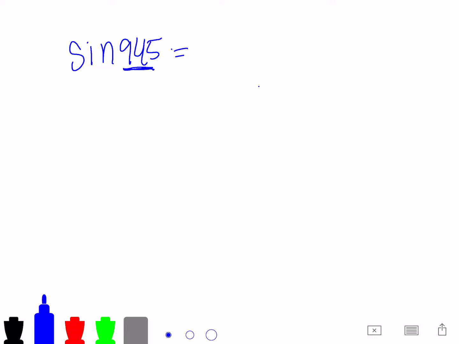If we take 945 and subtract 360, that gives us the sine of 585. We want an angle measure between 0 and 360, and 585 is still past 360. So we subtract another 360, which gets us to the sine of 225.